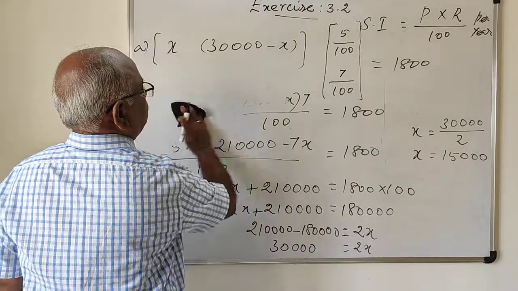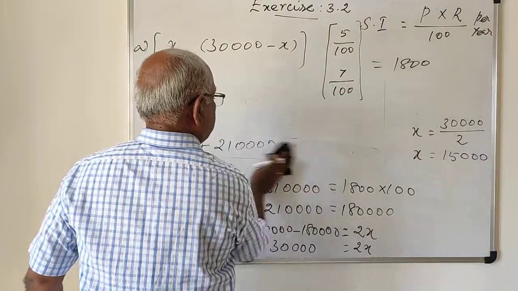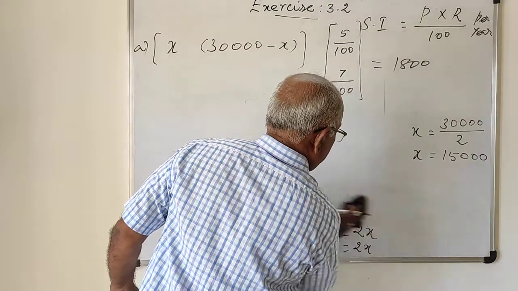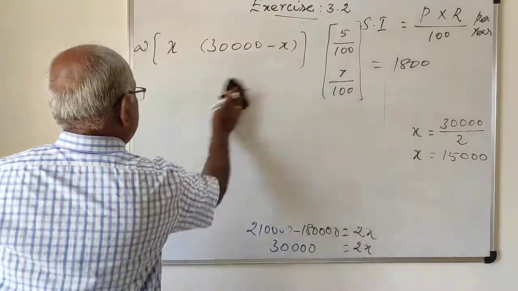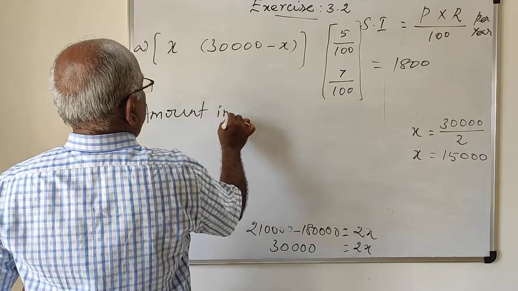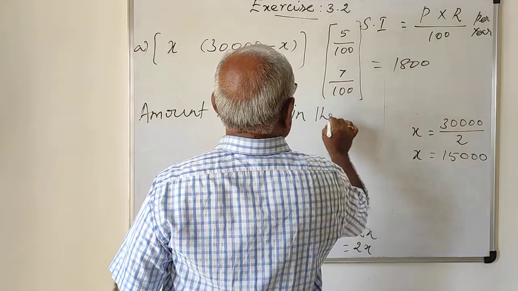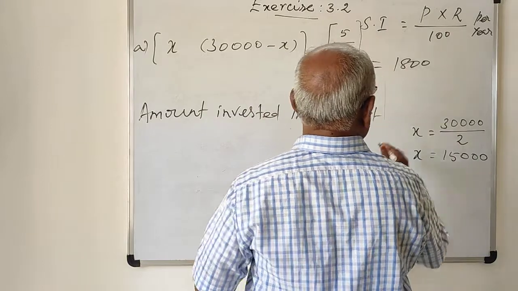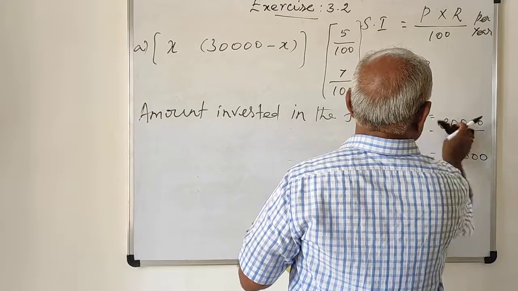Therefore, the amount invested in the first bond is equal to 15,000.